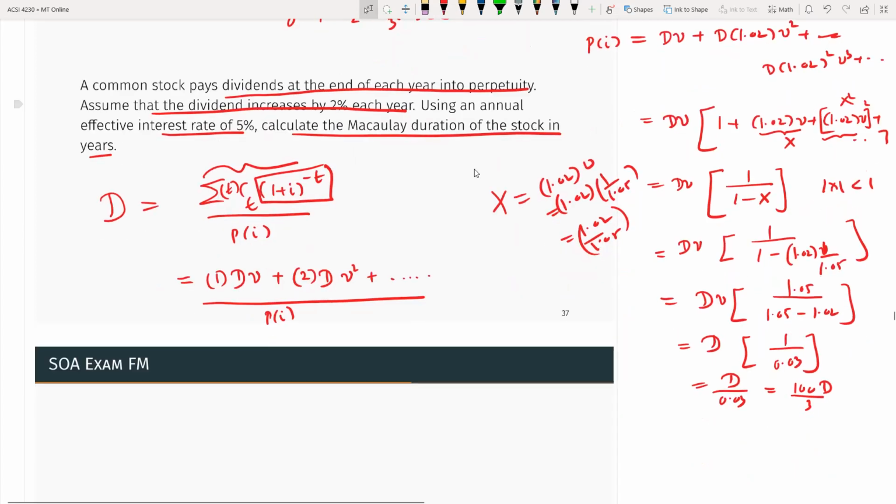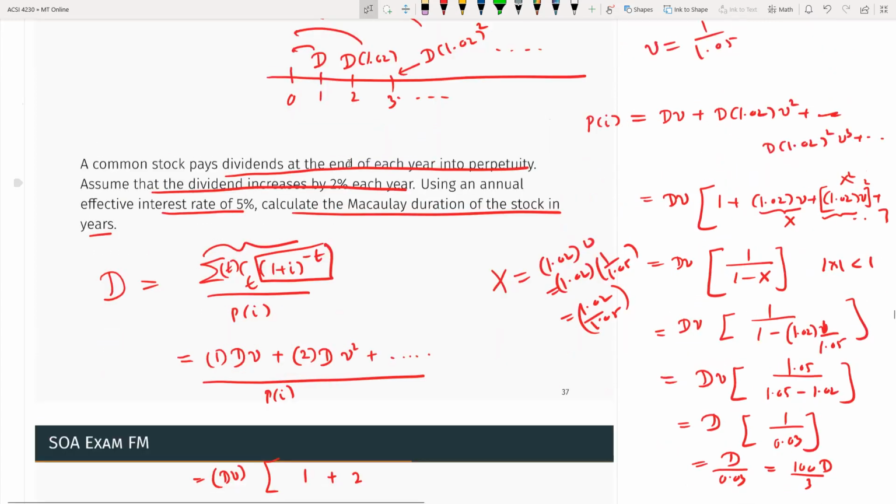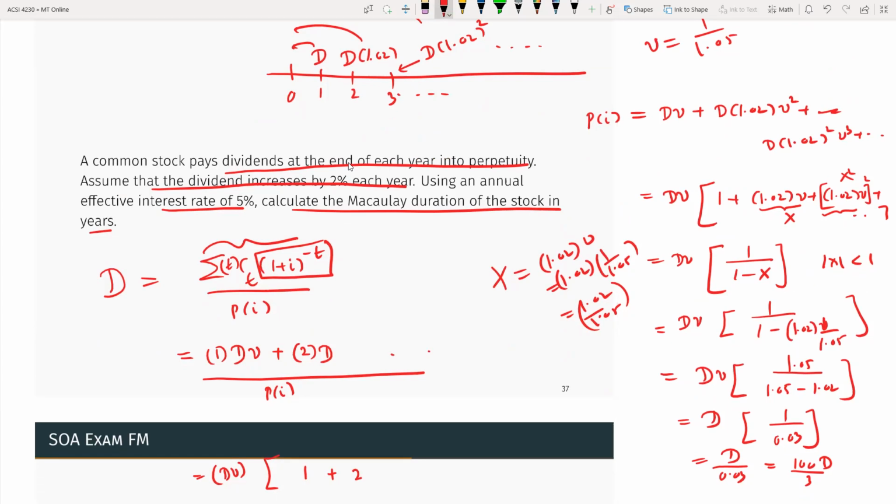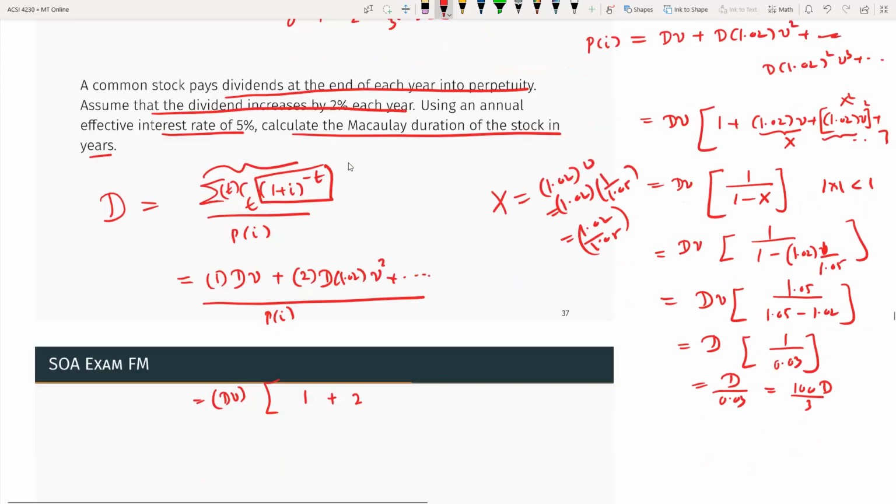So if you take dV as a common factor, you can say it's 1 plus 2 times 1.02 times V, by the way, this is increasing, then 3 times 1.02 squared times V squared, and so forth.